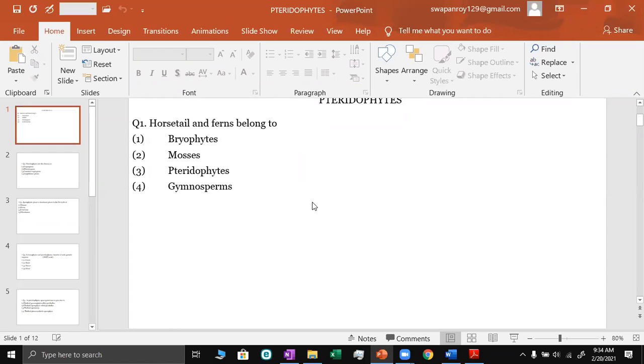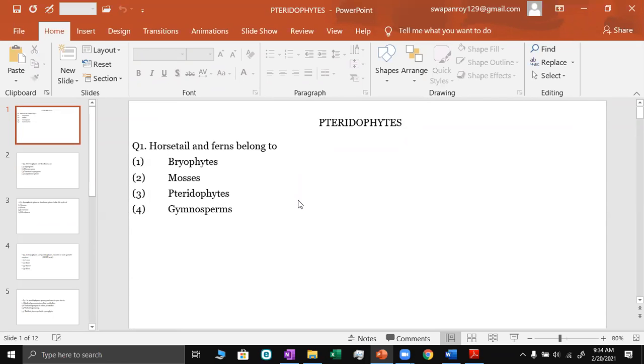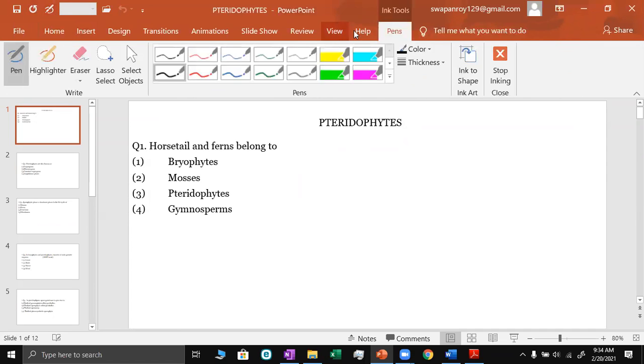The first question: what are the plants that come under pteridophytes? Okay, that is our first question.